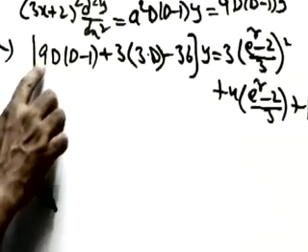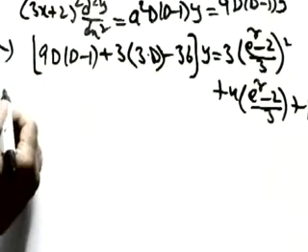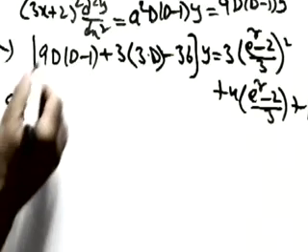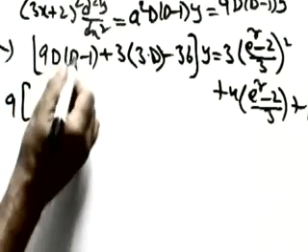So let me multiply this. Let me take 9 common. If you take 9 common here, what will be left?